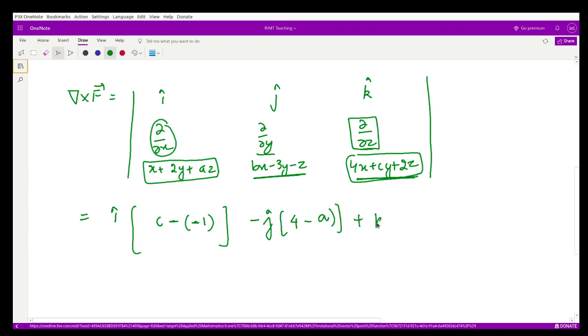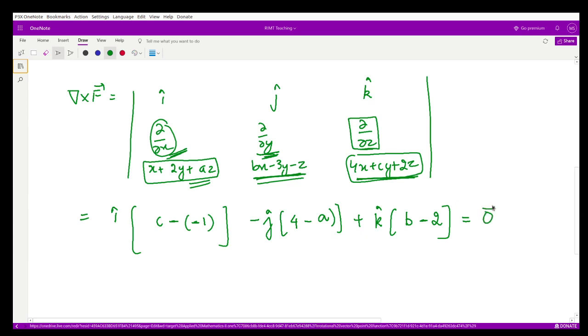And for k cap, we have the partial derivative with respect to x of this function, so that is equal to b, and minus the partial derivative of this function with respect to y, so it is going to be equal to 2, right? So this is the curl of the vector f.